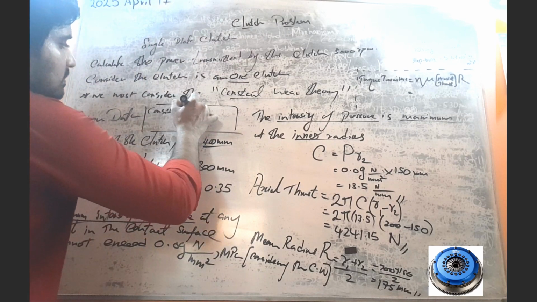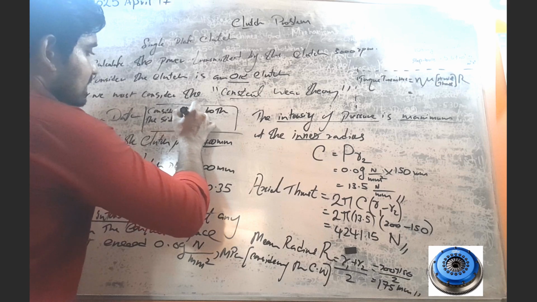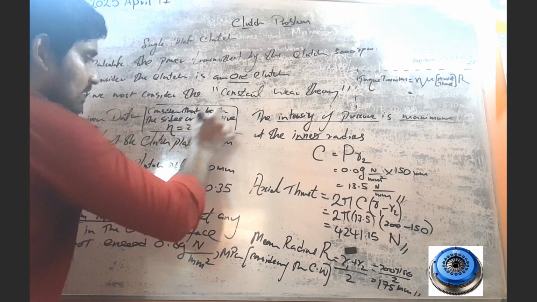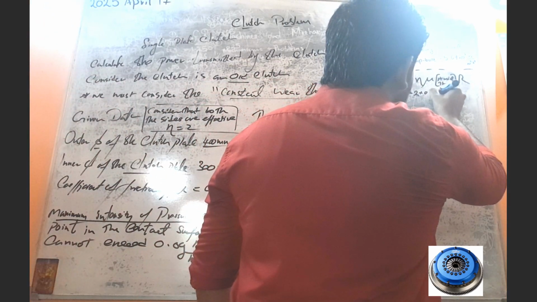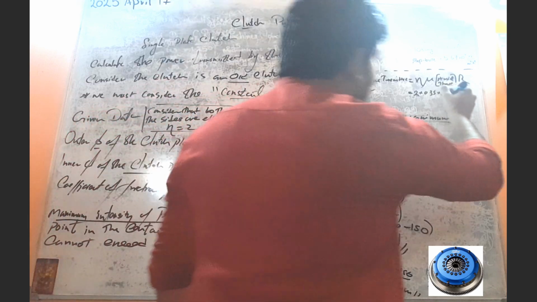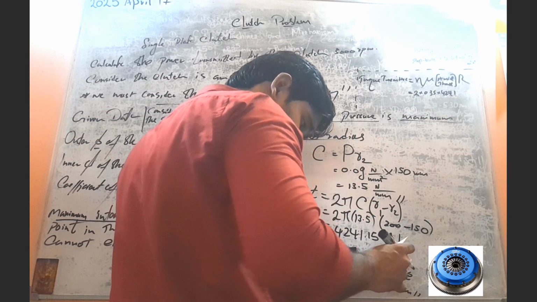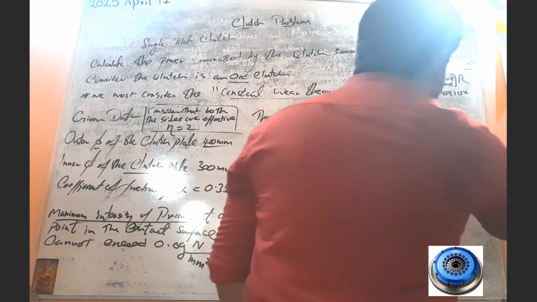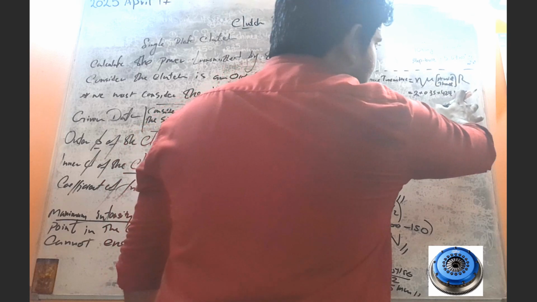So n equals 2. 2 multiplied by 0.35 multiplied by the axial thrust we have calculated here, 4,241.15, times the mean radius.